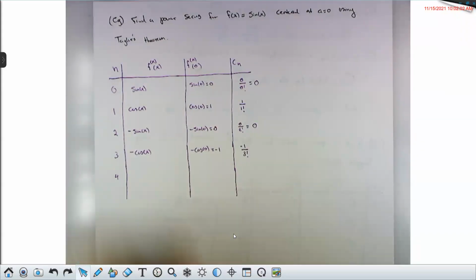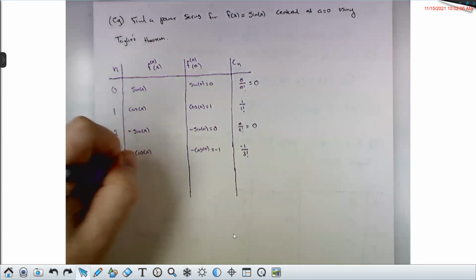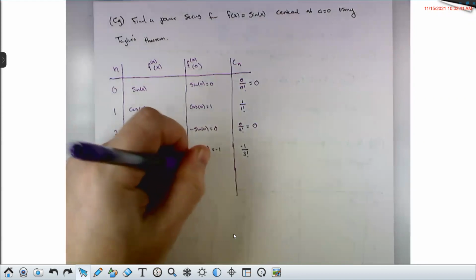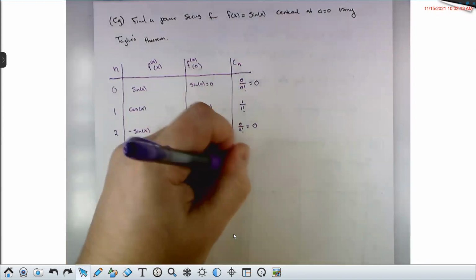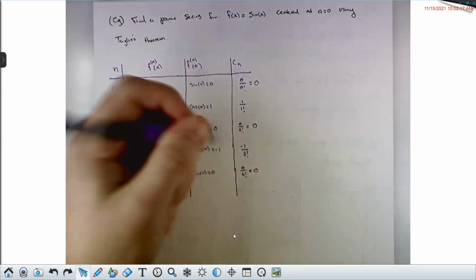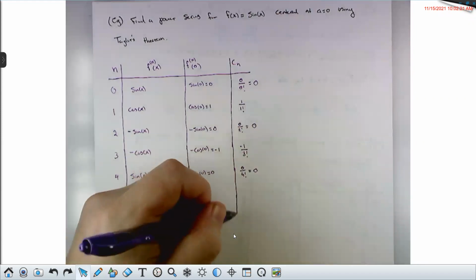Differentiating a fourth time, the derivative of negative cos x is negative sine x, or just sine x, which when evaluated at 0 gives 0. So C4 would be 0 over 4 factorial, which is 0. I'll do 2 more maybe.